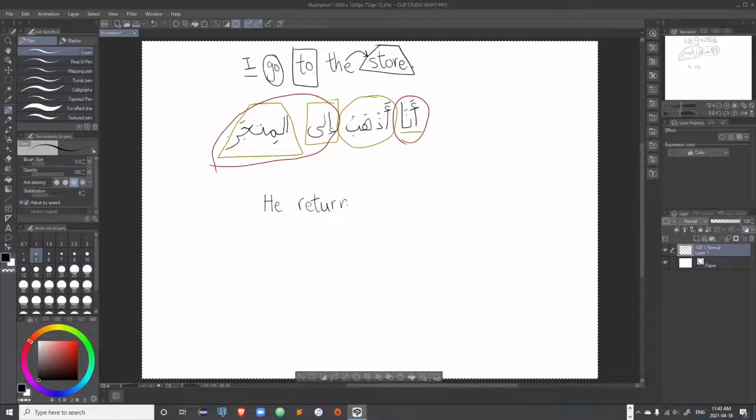He returns from the market or the marketplace. Actually, let us take this as a question instead, because we also have question marks in Arabic. So let us say, has he returned from the market? Has he returned from the market?